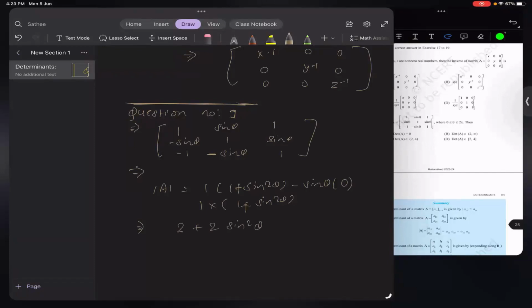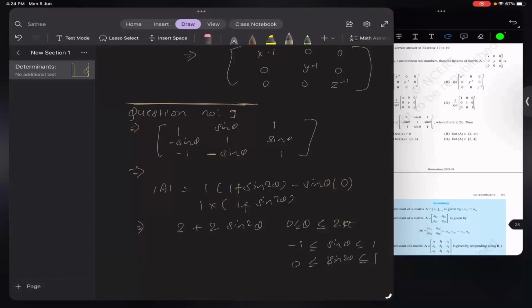So it is given that theta belongs to 0 to 2 pi. And if theta belongs to 0 to 2 pi, you know that sin theta belongs to minus 1 to plus 1. So we can say that sin square theta belongs to 0 to 1, because it can always be positive or greater than equal to 0.